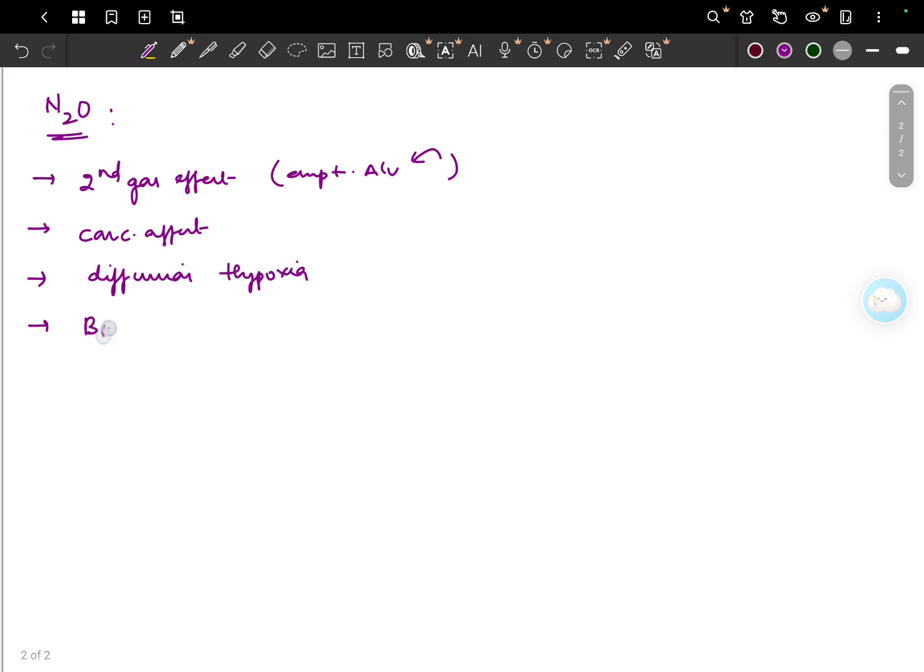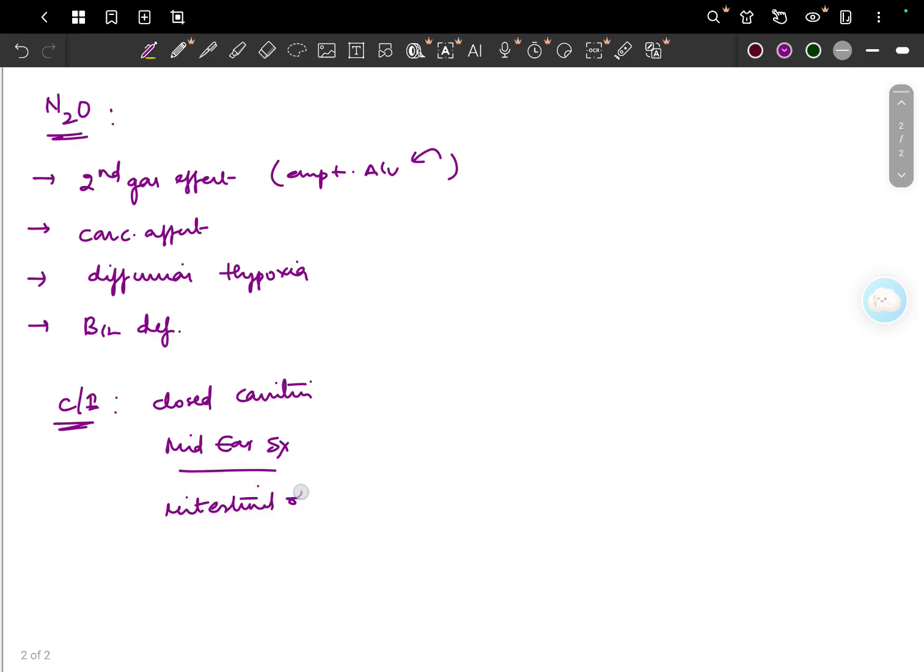It also has a B12 deficiency causing property. So these are four properties that N2O has: second gas effect, concentration effect, diffusion hypoxia and B12 deficiency. It is therefore contraindicated in closed cavities, like middle ear surgery and intestinal obstruction. So it is contraindicated in both.